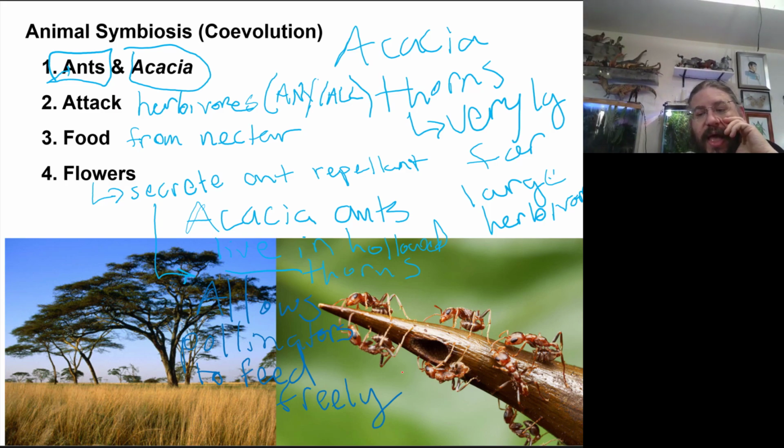Fascinating. In some acacias, the acacia nectar that they get inside the acacia tree is habit forming.